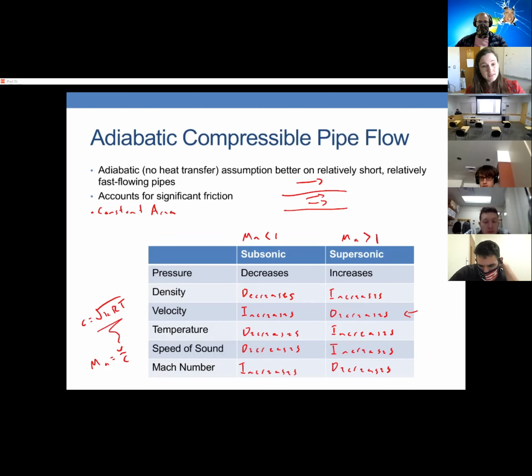Okay. And I've got a question. When would we have supersonic pipe flow besides a rocket engine? I honestly do not know. I tried to look up papers about this and couldn't find anything. So most of the time it's going to be subsonic, yes. Okay, that makes sense.